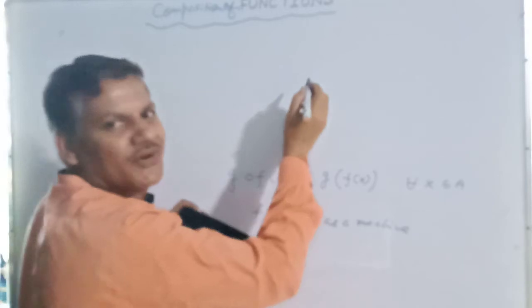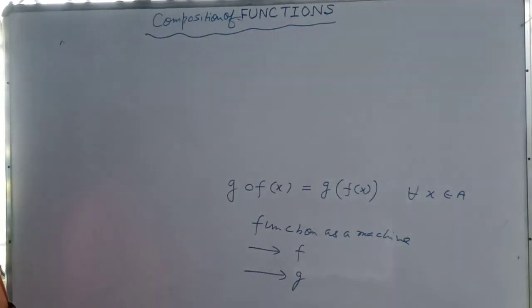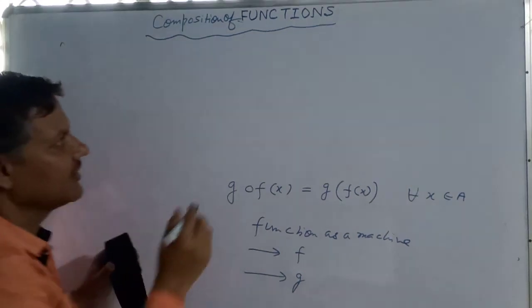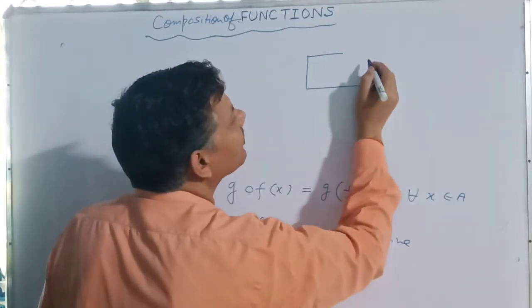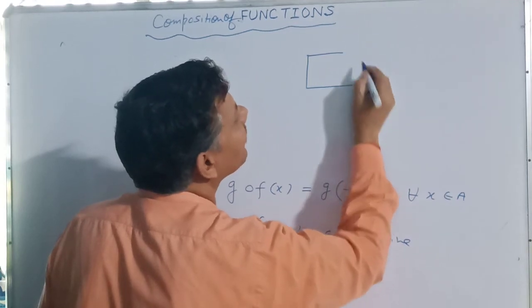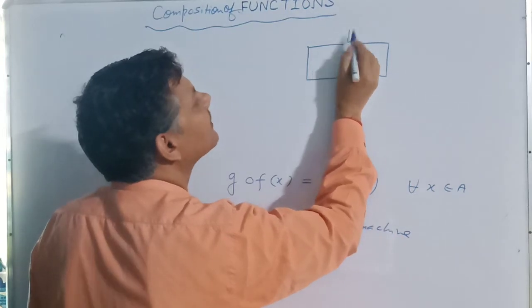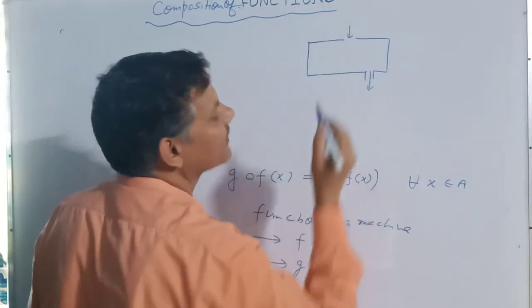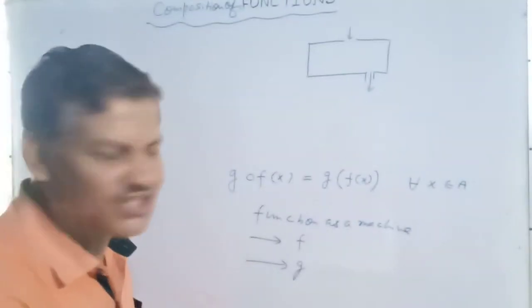If we consider a function as a machine, it has input as well as output. Just think about the machine F for function f. One more machine is there, for function g.